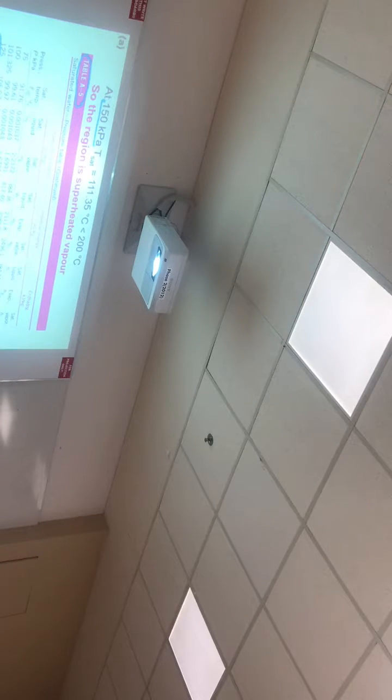At 200 degrees Celsius, the saturation pressure is high. Saturation pressure, how much? At 200 degrees Celsius? Go to table A4. Find table A4. A4 tells me the pressure at 200 degrees Celsius.